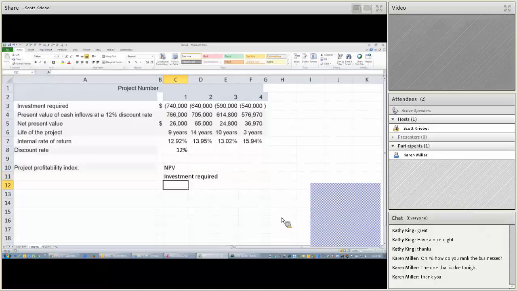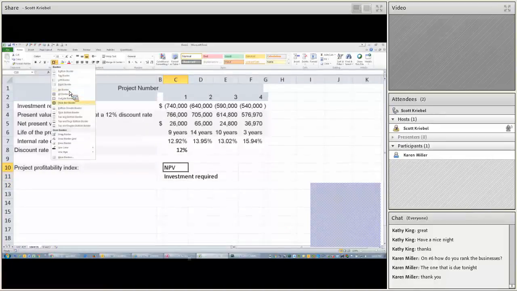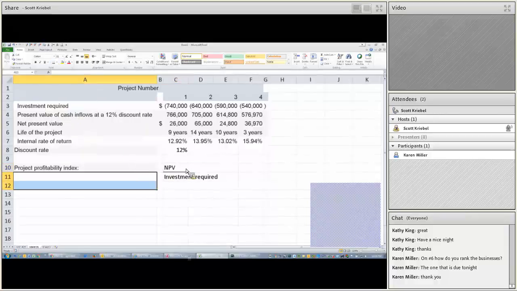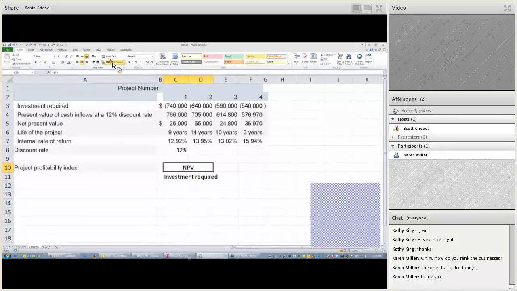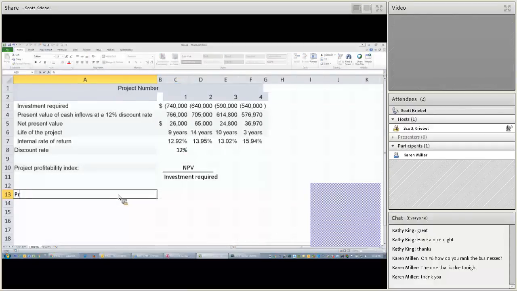Okay, so here's our equation. Okay, so if that's the equation for project 1, we'll calculate the project profitability index equation.